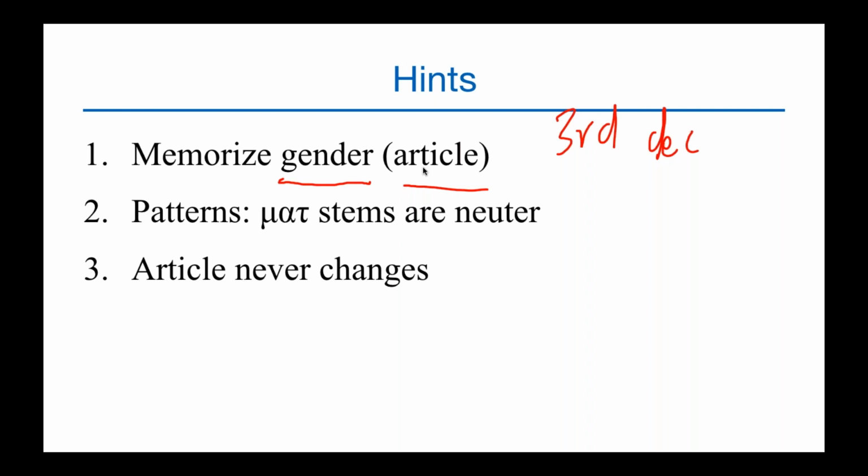The first declension words end in alpha or eta, and they're usually feminine, and second declension words end in omicron, and third ending consonants. Right. And a second declension masculine word ends in what?